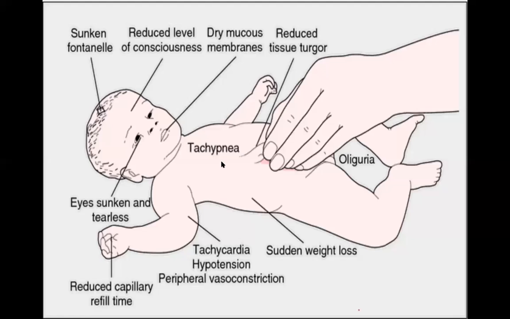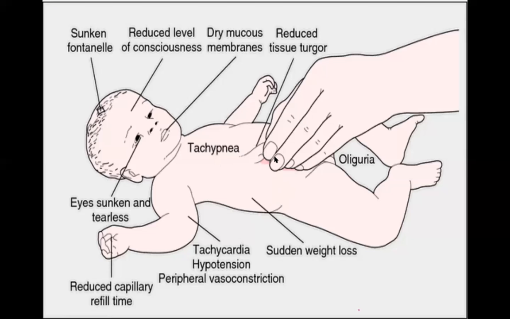Tachypnea is faster breathing or increased respiratory rate, a very important feature. Reduced skin or tissue turgor means that whenever we pull the skin of a healthy, normal child or even an adult, for example the skin of the anterior abdominal wall, that skin will go back very quickly, in no time.